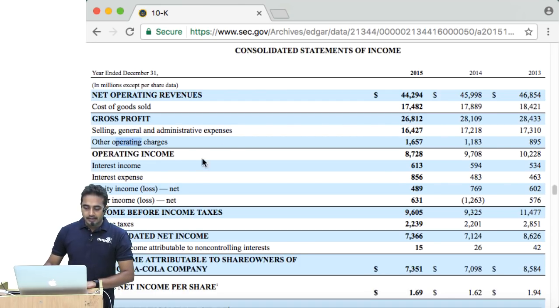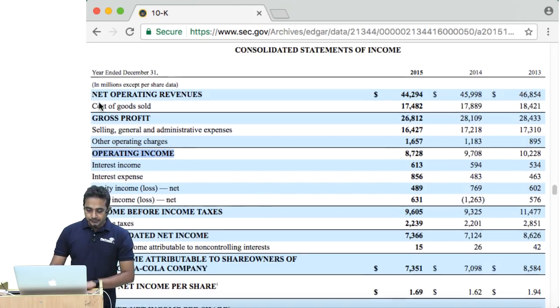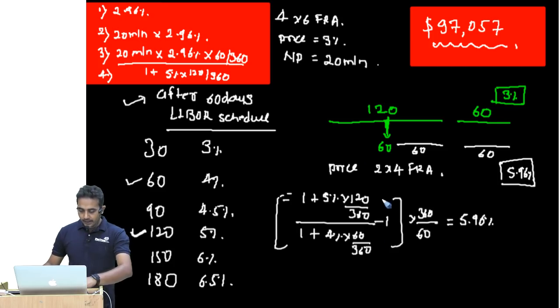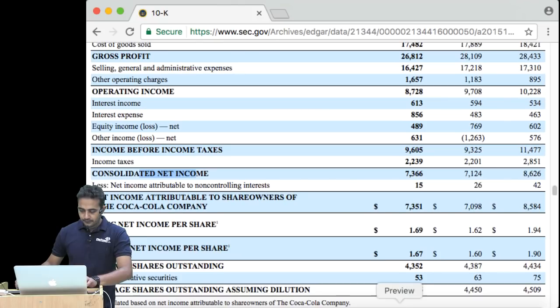Other operating charges, and then we have operating income. We can also call this number as EBIT. Then reduce interest expense income, and you get income before taxes, charge taxes, and you have net income, right? That's how we should be looking at income statement. So the first thing we'll do today is get ourselves acquainted with the format.